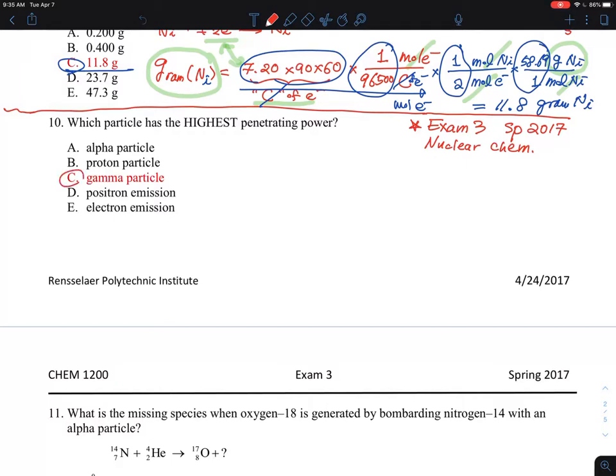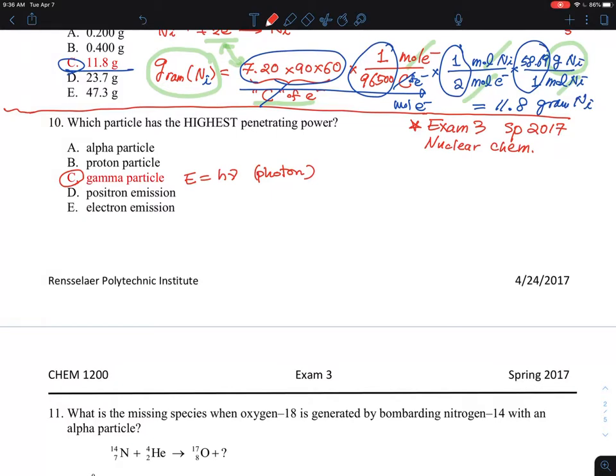The answer is C, and the gamma particle is the one with the highest energy. You can think about it as a particle, because a photon can be viewed from a particle perspective. So this one is just understanding the knowledge of what penetration power is.